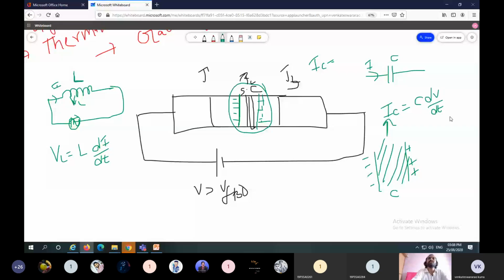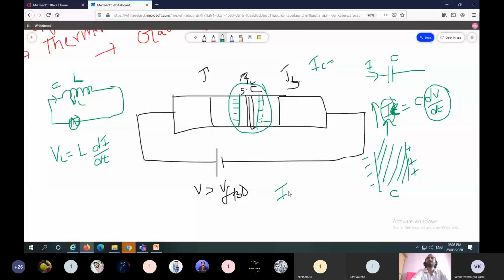So to increase this current, we need to increase the change in voltage. If we apply a change in voltage, the amount of current flowing through the capacitor increases. The minimum amount of current required to turn on the device is the latching current, IL.